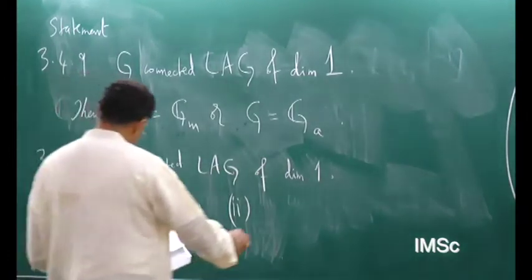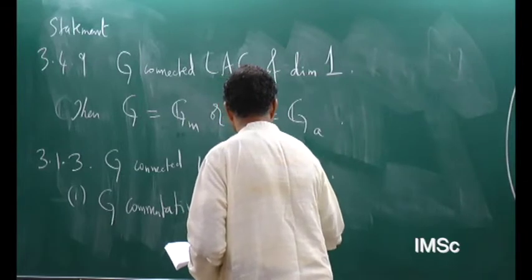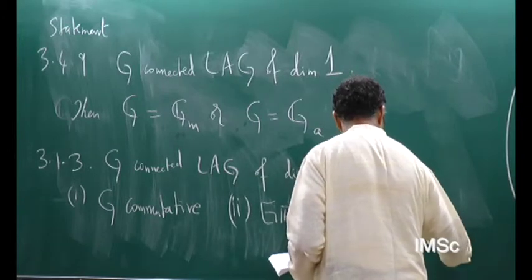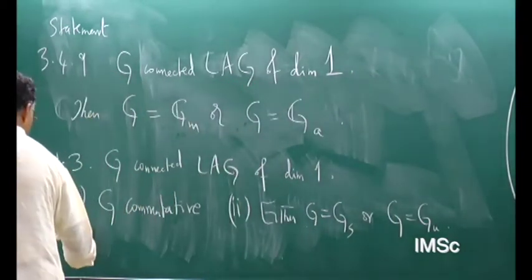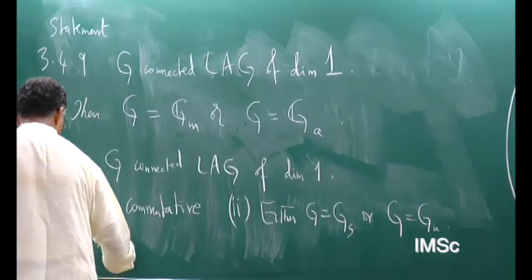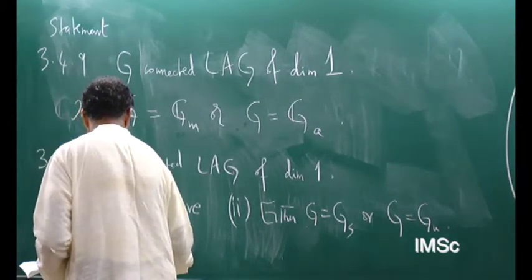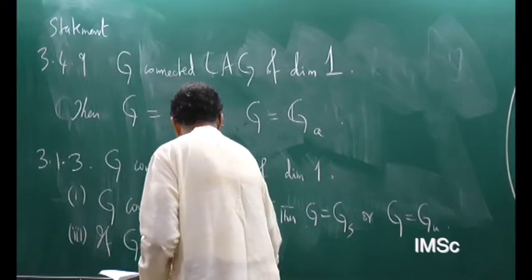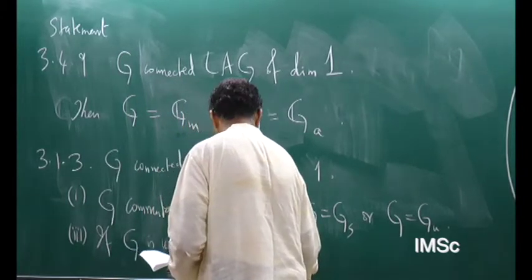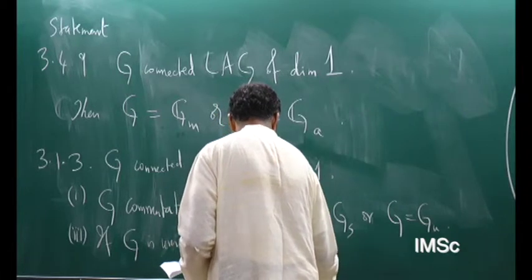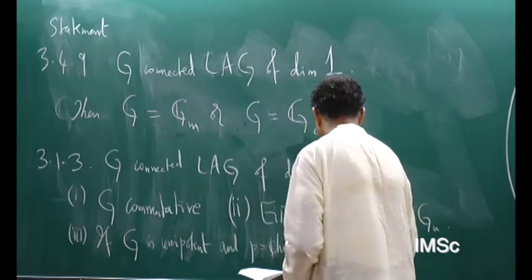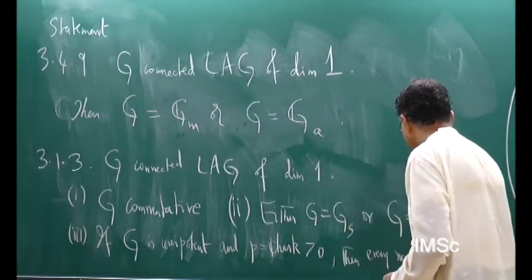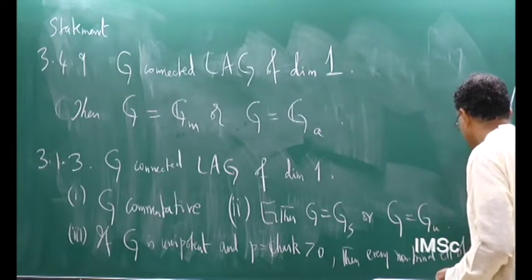So either G equals Gs or G equals Gu. 3: if G is unipotent and the characteristic is positive, then every non-trivial element of G has order p.